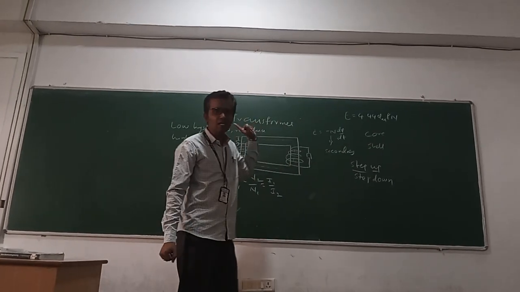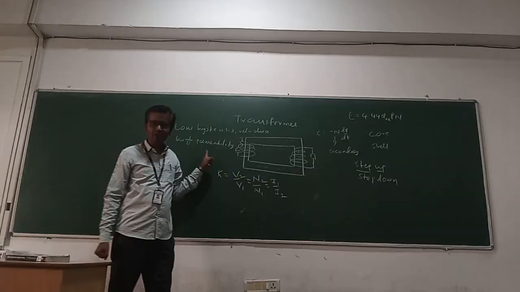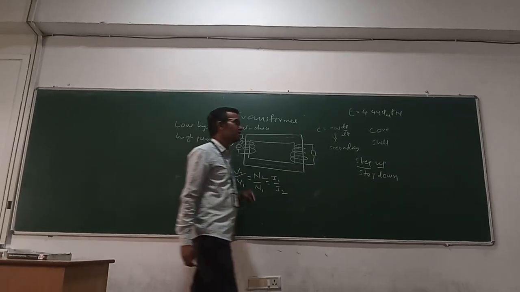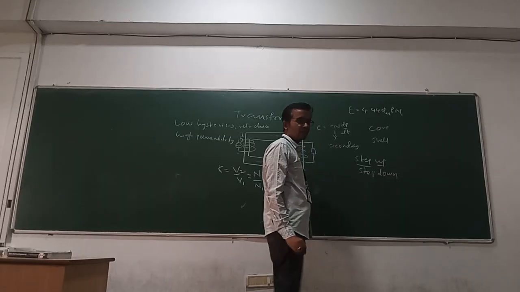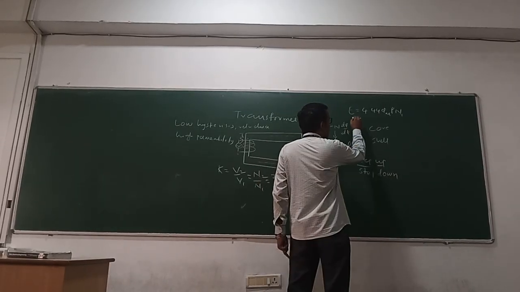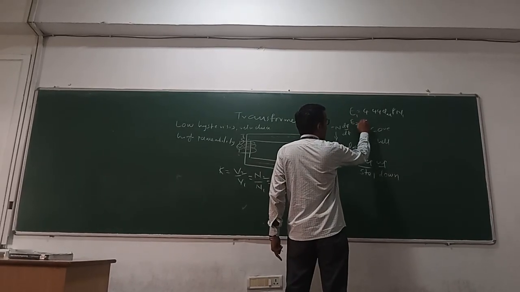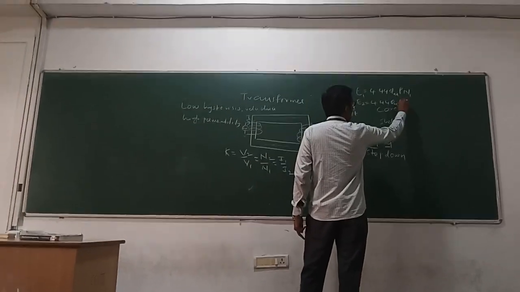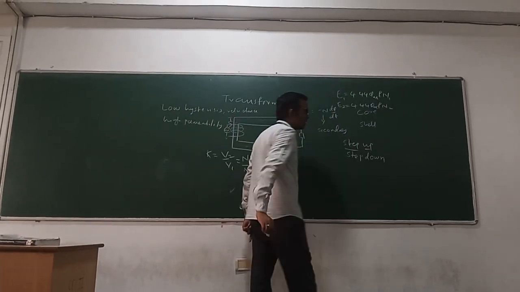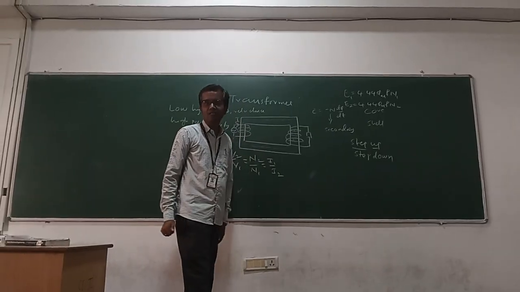For example, if you are writing the EMF equation for the primary winding, it is 4.44 phi max F N1. Similarly, for the secondary winding, it is 4.44 phi max F N2. Like this, you can write down the EMF equation of the transformer.